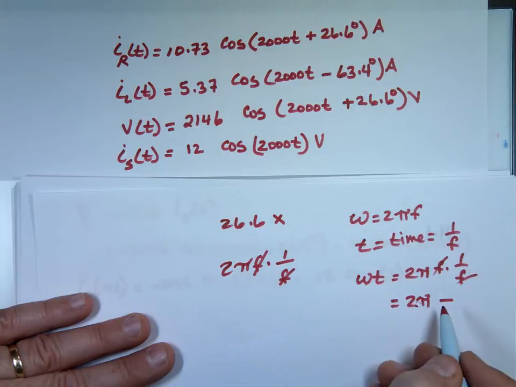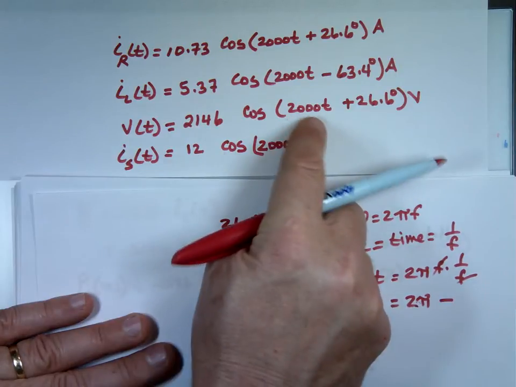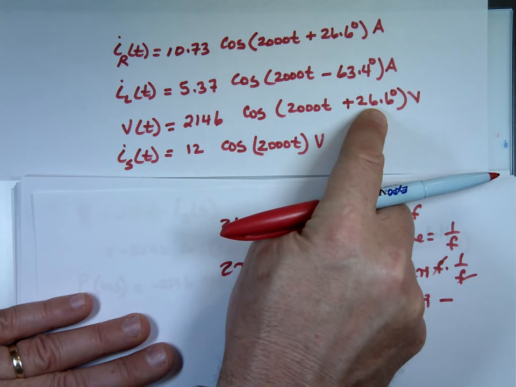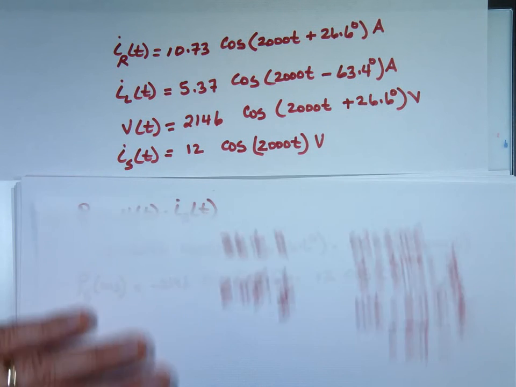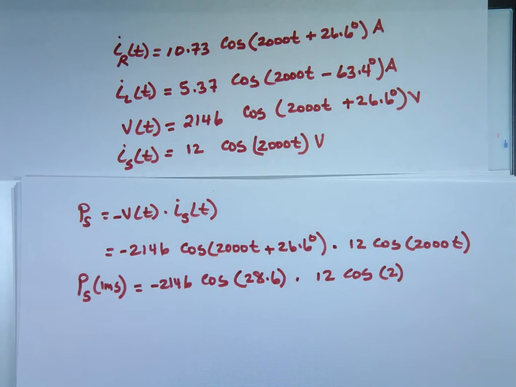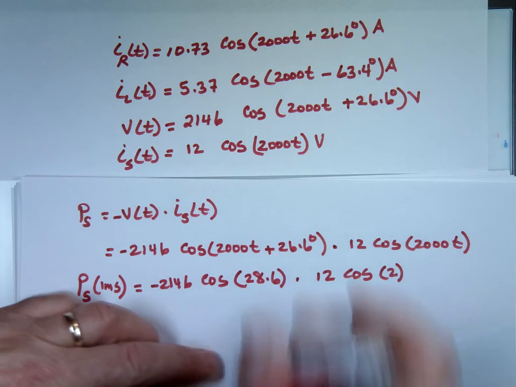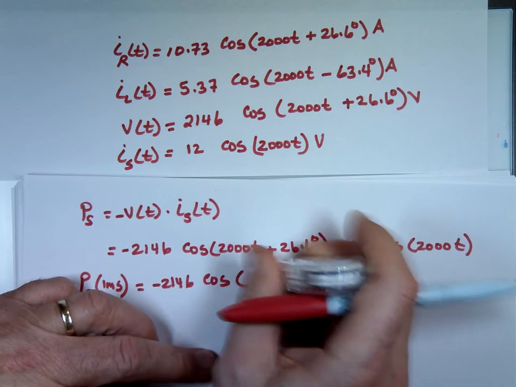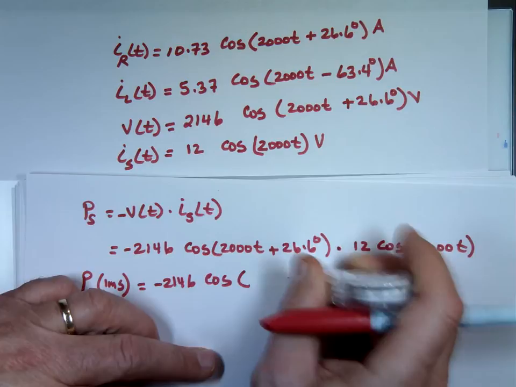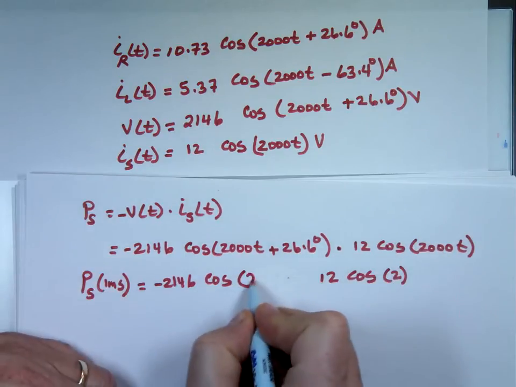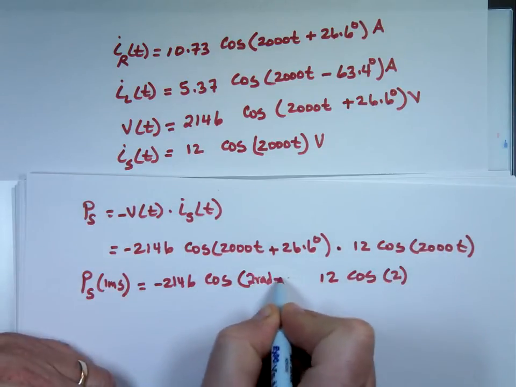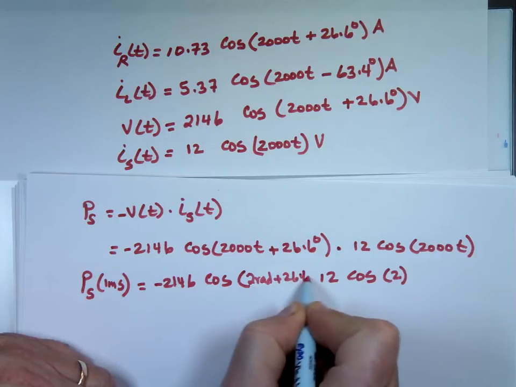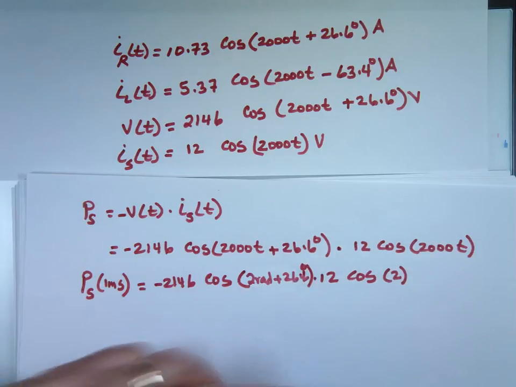So what's the units for 2 pi here? Radian. But then why is it 2? So this is radian, and that's degrees. So we got to make sure when we switch them, this is 2 radian actually, and that's 26 degrees. This is 2 radian plus 26.6 degrees, and this is 2 radians.